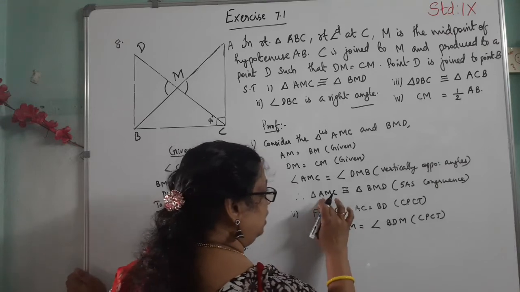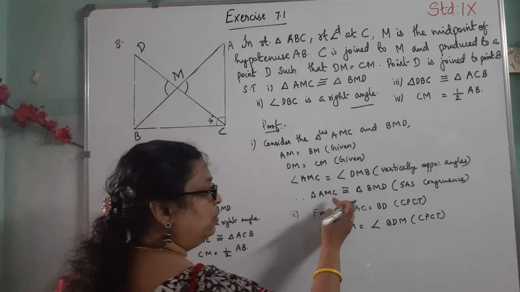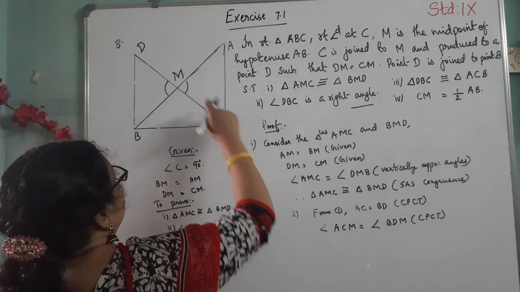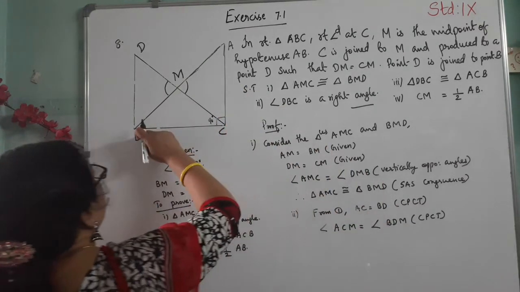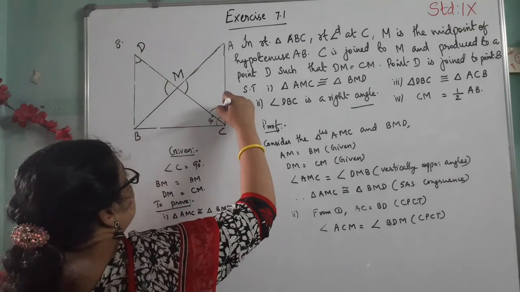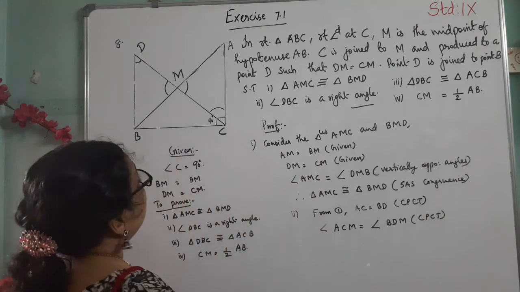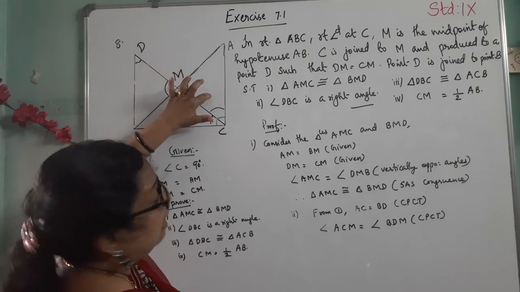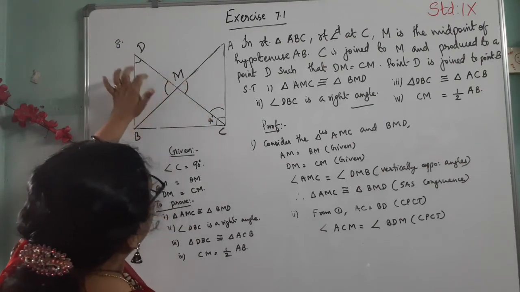Then angle ACM, this angle, is equal to BDM, this angle. These two angles are equal, corresponding parts of congruent triangles. These two are alternate interior angles.